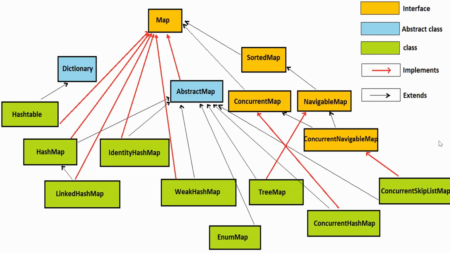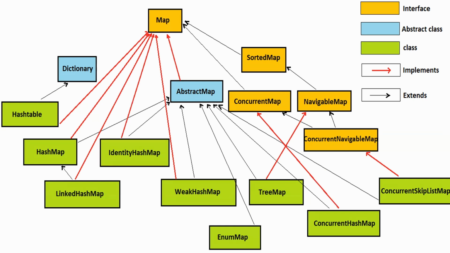If you can see this screen, I hope you can see the screen. In this, you can see the whole full structure of a map. From here you can observe there is something called dictionary. Then there is something called hash table, which implements this dictionary class. Then comes abstract map. Abstract map is one of the classes which implements the map interface. Whatever you can see in yellow color, those are interfaces.